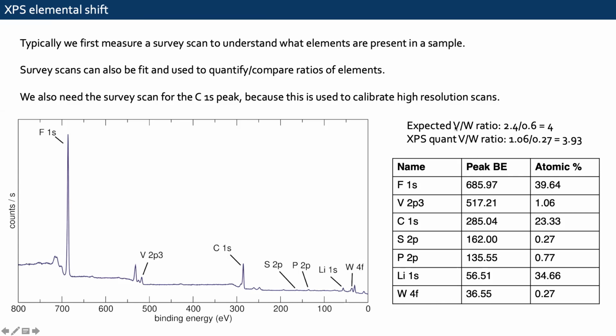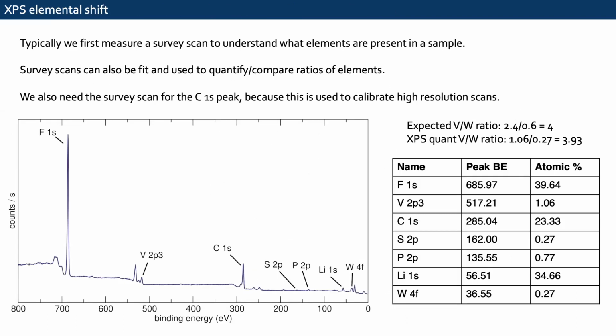Our expected vanadium to tungsten ratio was 2.4 to 0.64, and using the XPS quantification, we get 3.93. So we can conclude that we did in fact synthesize the sample with the amount of tungsten and vanadium that we were expecting.